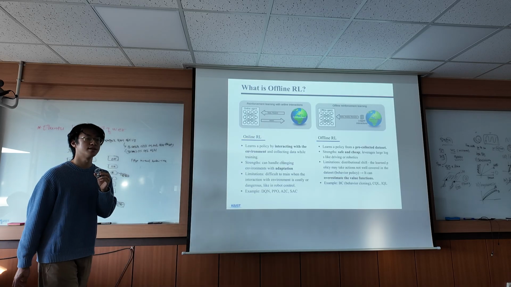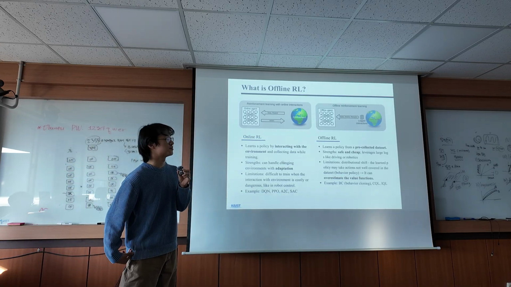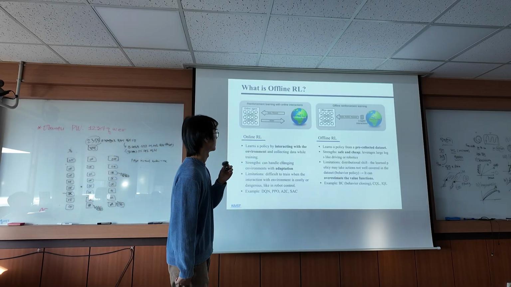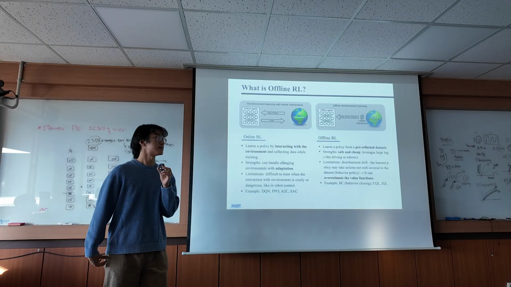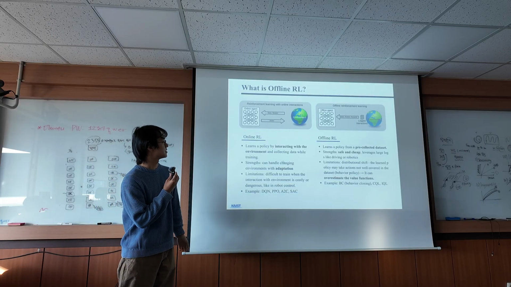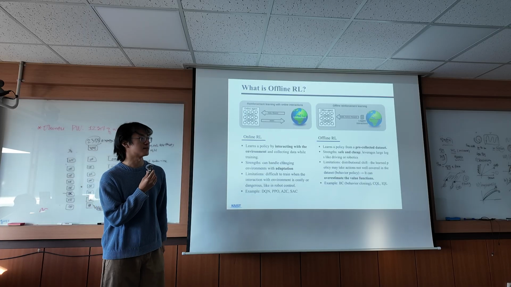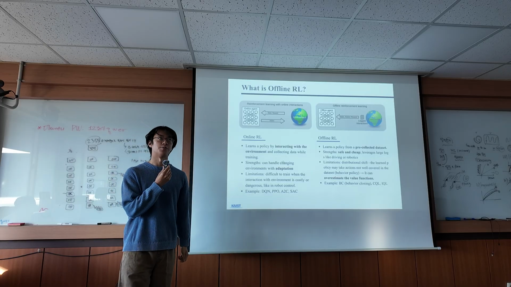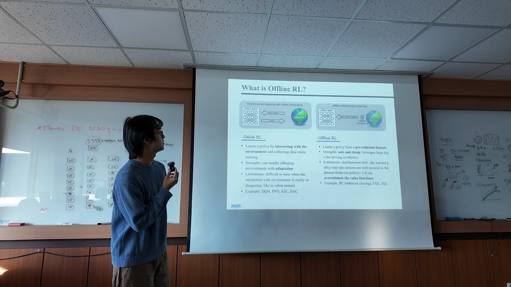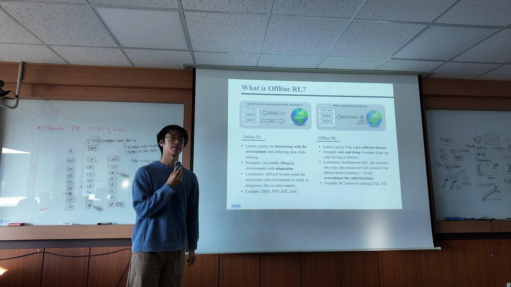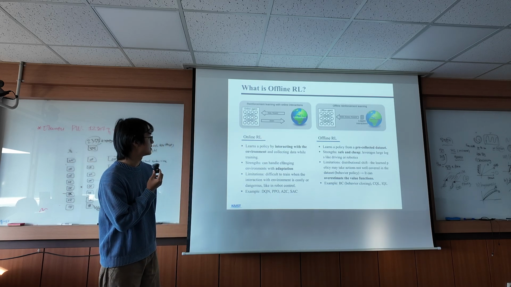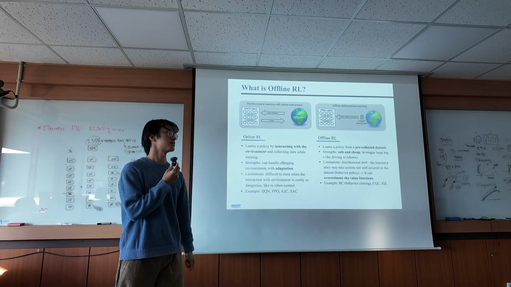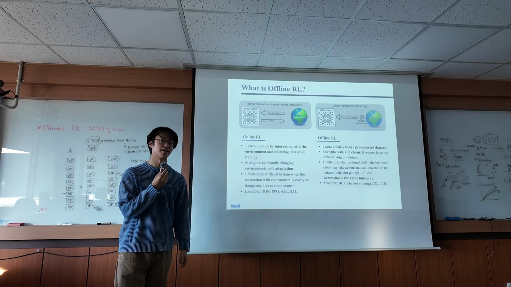So first, let me explain the difference between offline reinforcement learning and online reinforcement learning. As in the previous lecture, online RL and offline RL can be divided by whether the policy interacts with the environment directly or not. In online RL, the policy learns by interacting with the environment and collecting data while training.